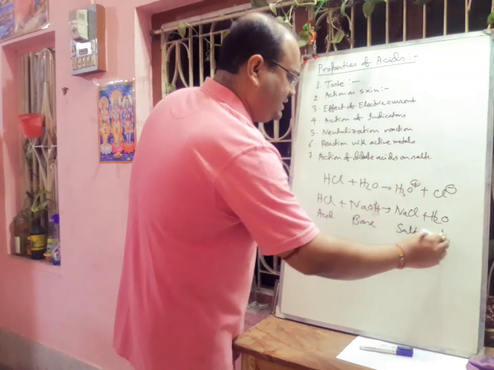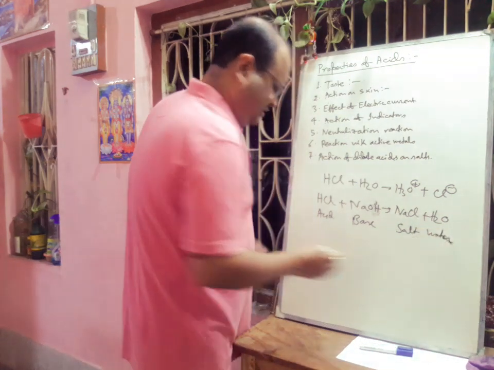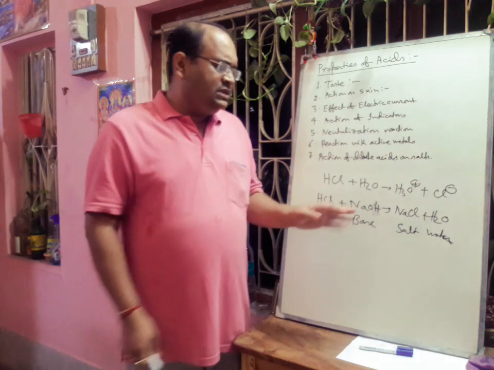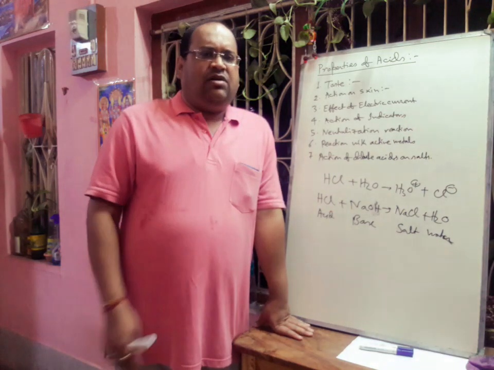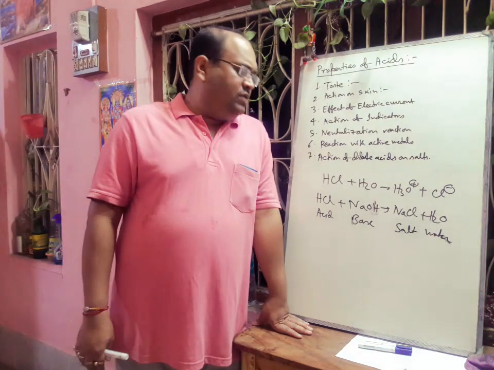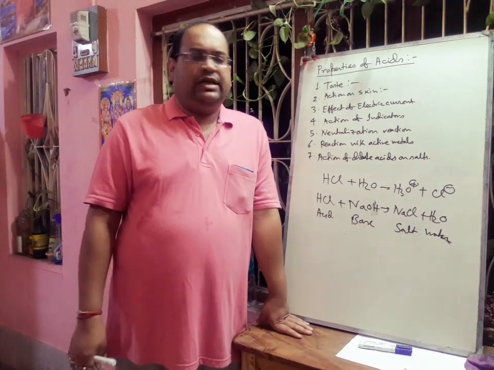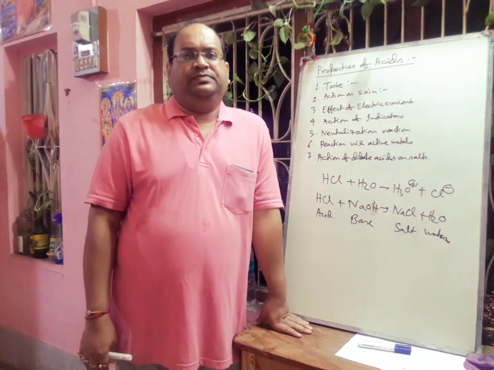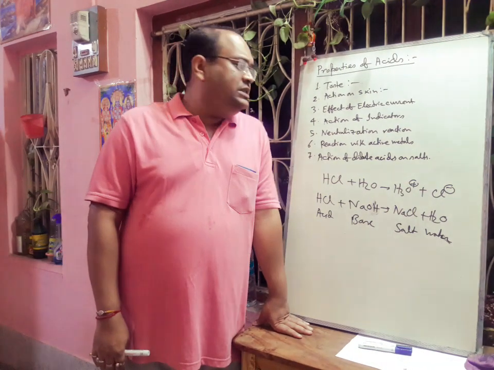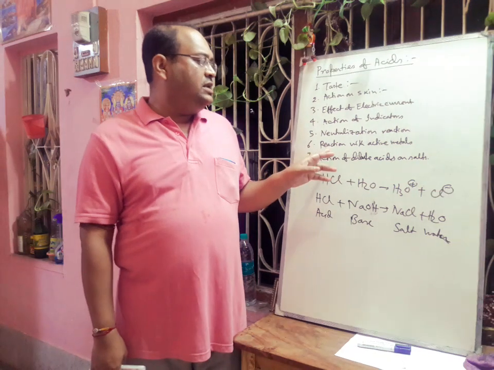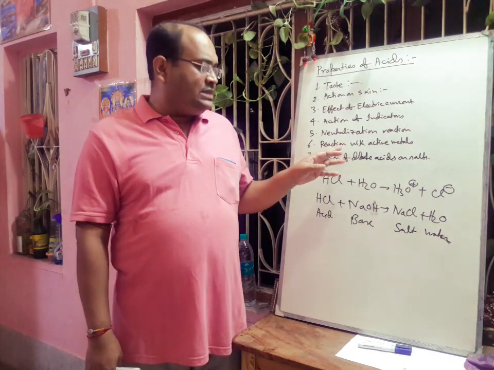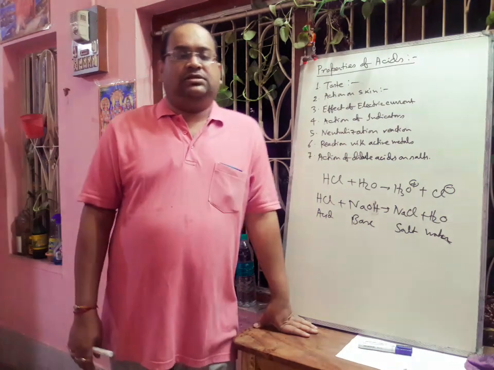And this type of reaction will produce heat. This is an exothermic reaction. Any acid and base in equivalent amounts will react to form salt and water, and this is called neutralization reaction.